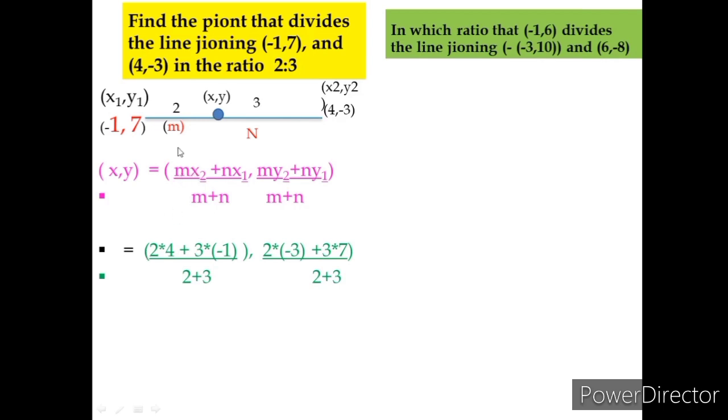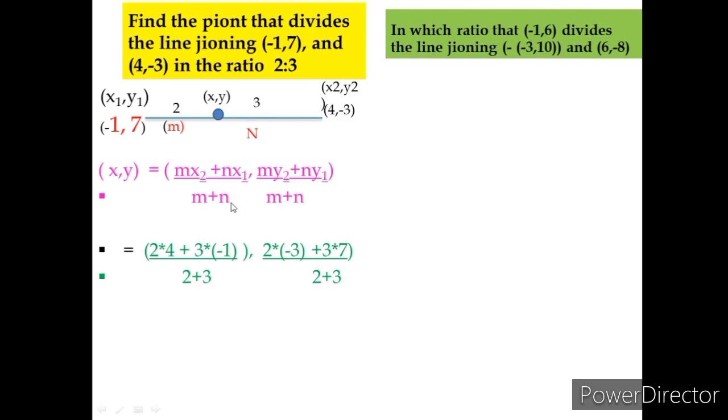M means 2 here, x2 is 4, write down 4 here, plus n is 3, here x1 is minus 1. Here m is 2, y2 is minus 3, plus n means 3, here y1 means 7.